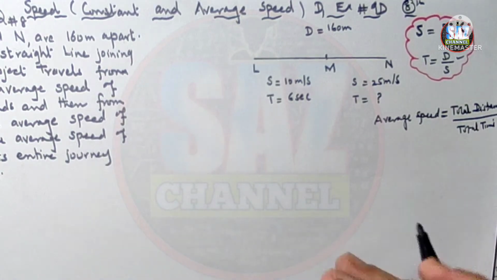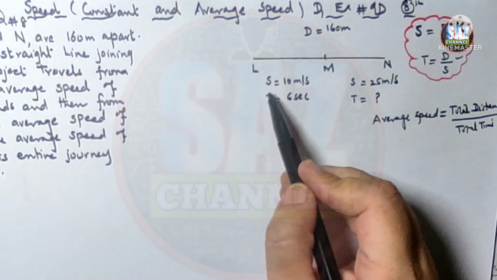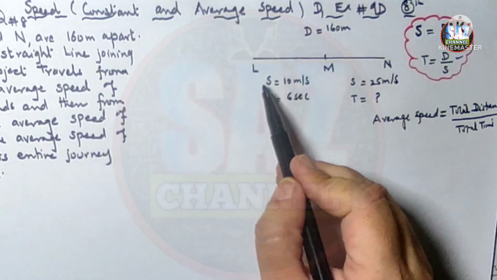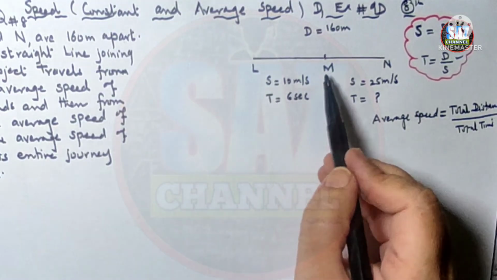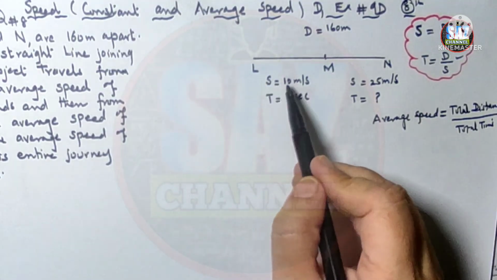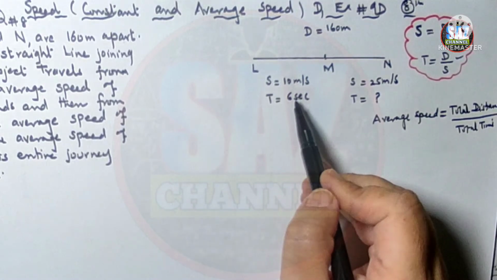But the problem with the question is that from L to M he is moving with a different speed, so obviously he will be covering some distance with this speed and time as well.